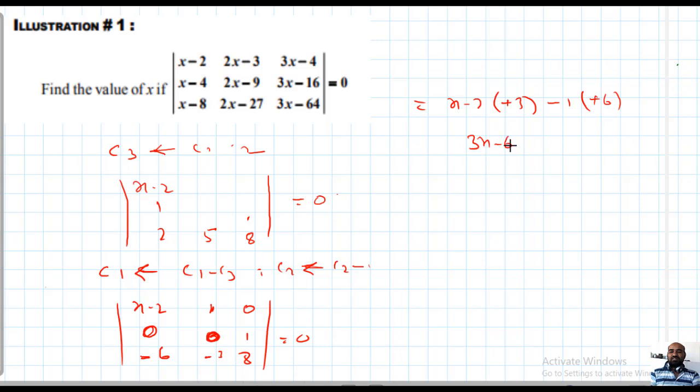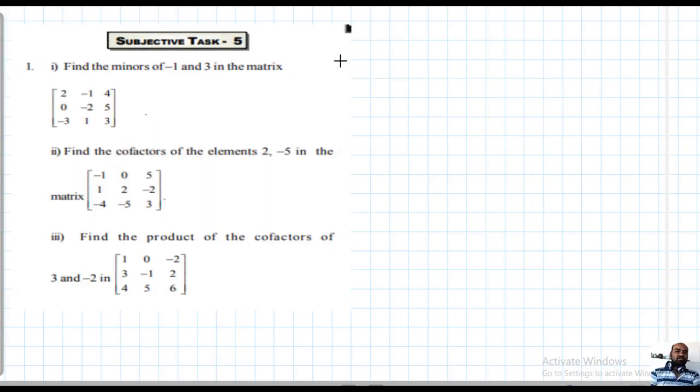So 3x minus 6 minus 6 equal to 0, or 3x equal to 12, or x equal to 4. In this way you can use row transformations and column transformations to find the determinant of a matrix or to find the unknown values in the determinant. Okay, so next exercise problems.